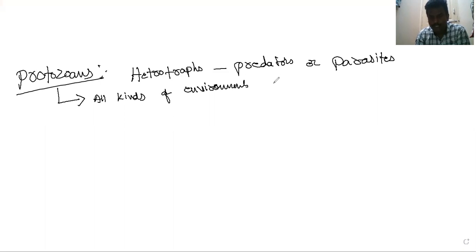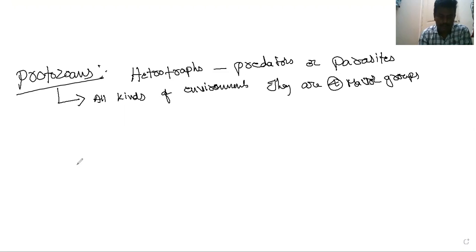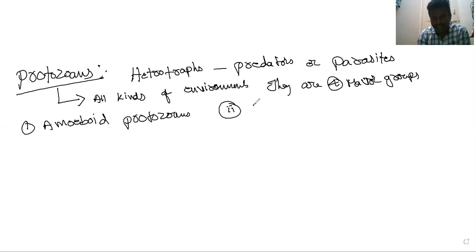There are four major groups. The first one is amoeboid protozoans. The second one is flagellated protozoans.